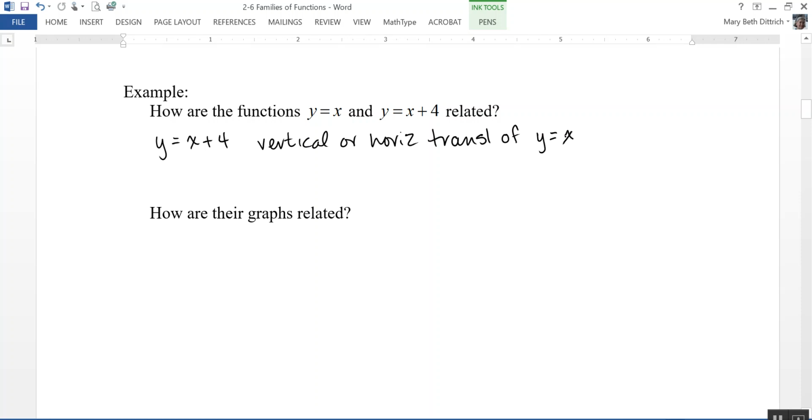So how are these graphs related? This is actually a translation of the parent function y equals x, either 4 units up or 4 units left.